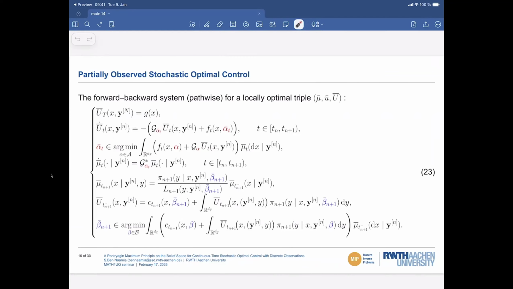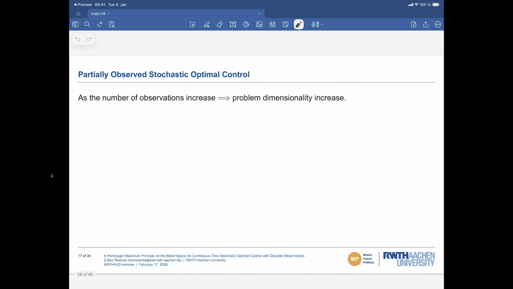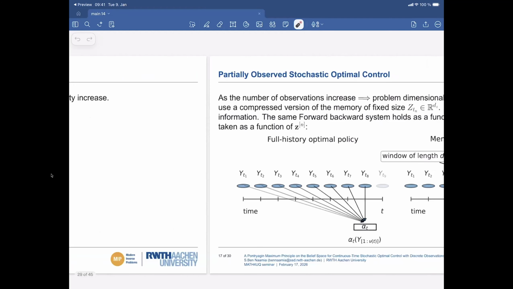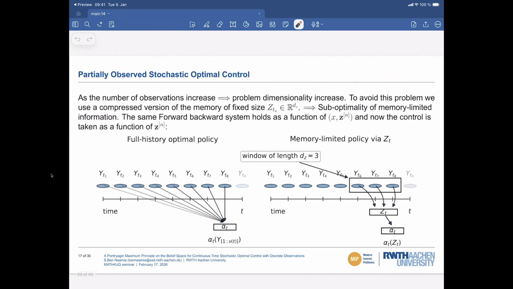But numerically speaking, we have the intuition of solving it with an L2 regression method, using these Ys. So if the number of observations increases, the dimensionality of the problem increases heavily, right? And what you want to do is somehow compress that information.